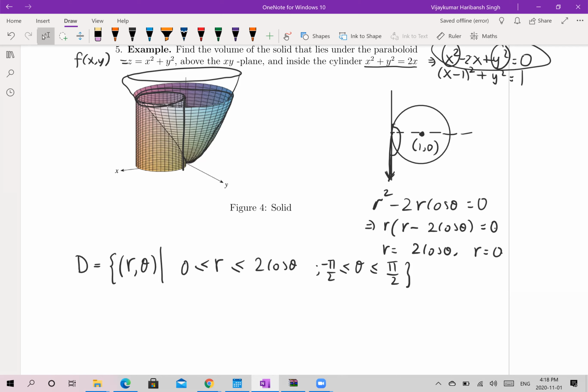So in this case we get basically the following: the integral over region D of the function dA, where this is my z, so I get r square.